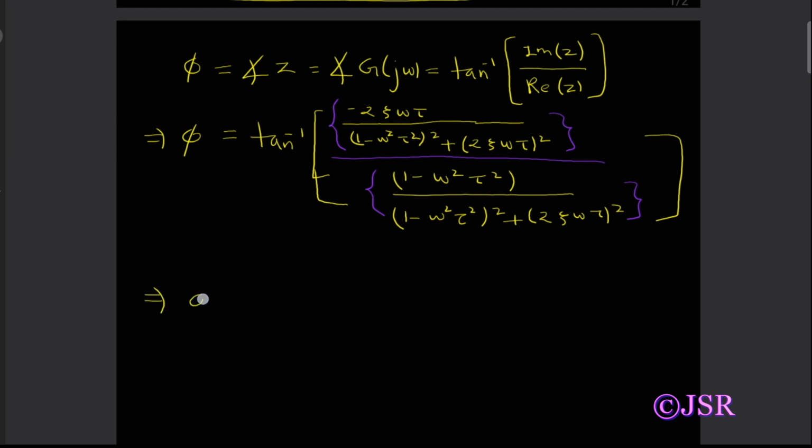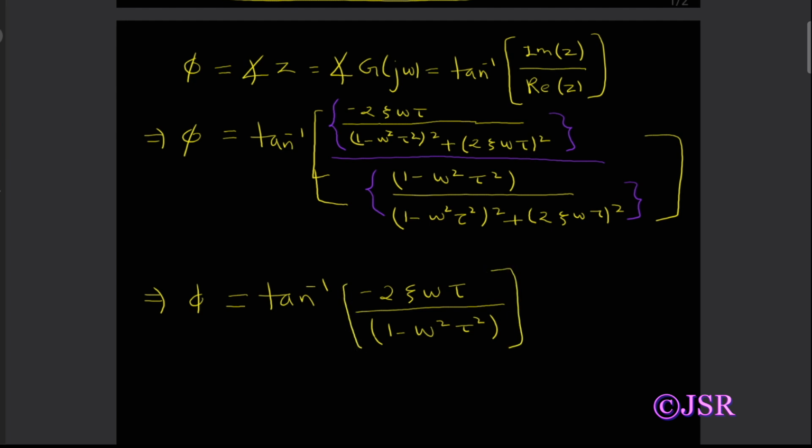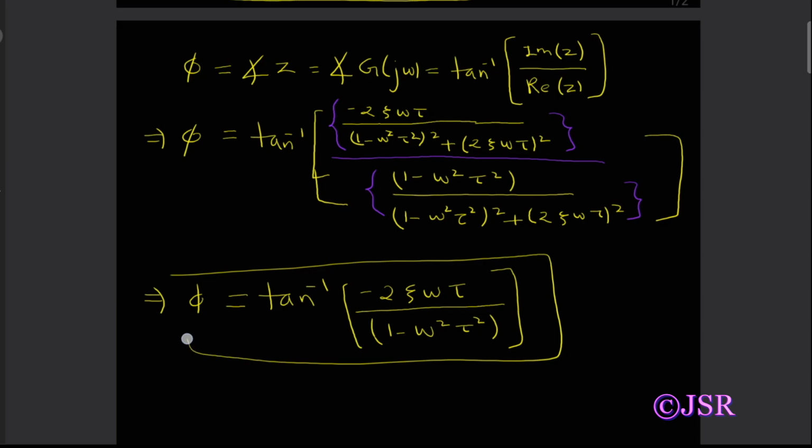So after solving we will get phi equal to tan inverse minus 2 zeta omega tau upon 1 minus omega square tau square. So this is the phase shift expression for the second order system, and this is equation number 3.